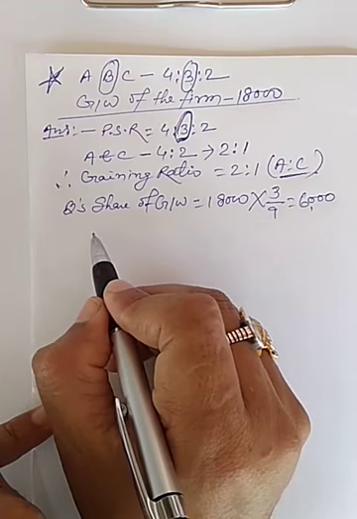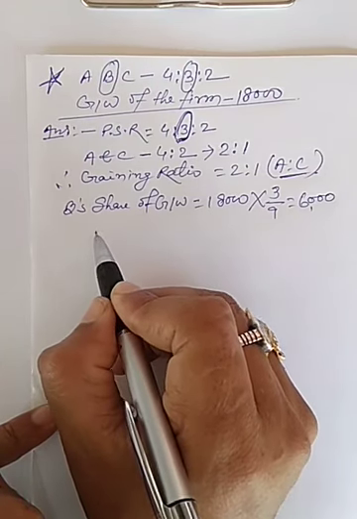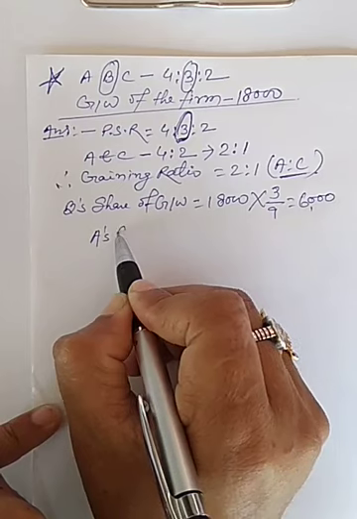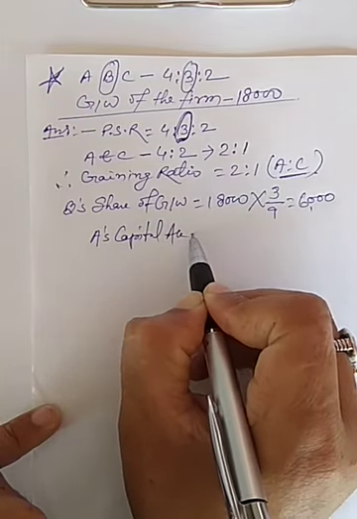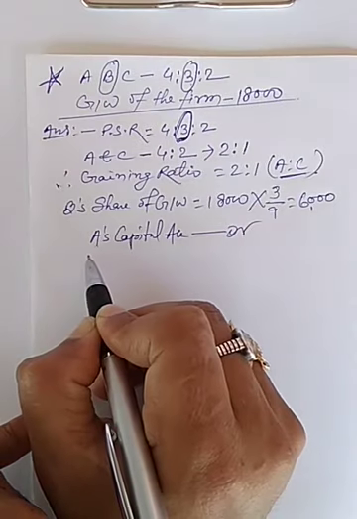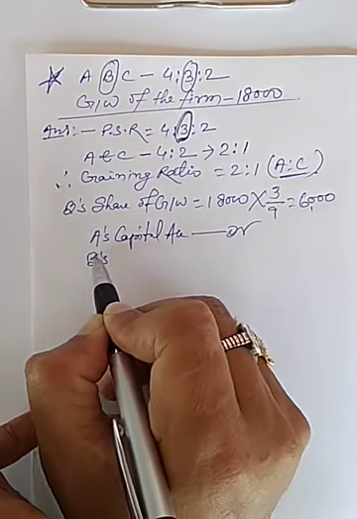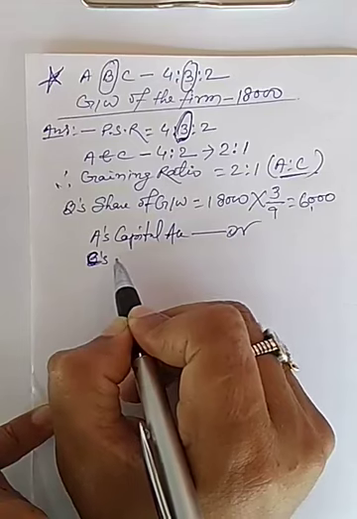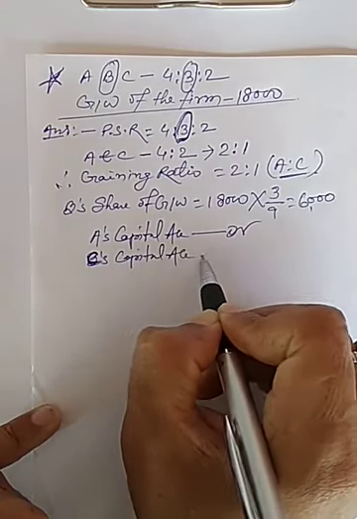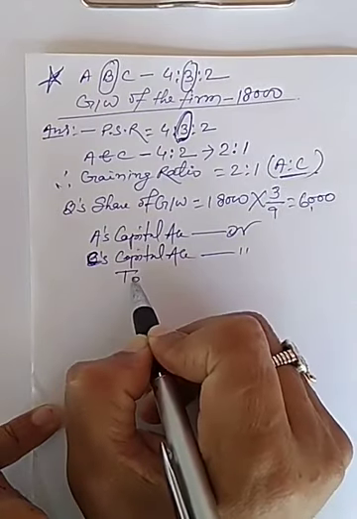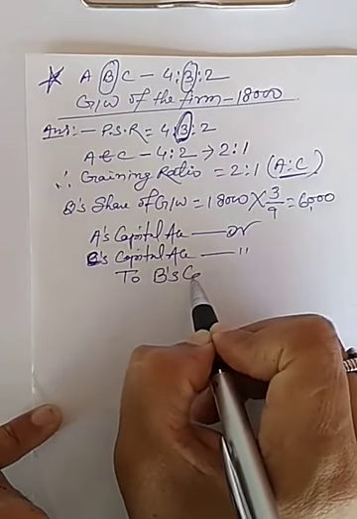So journal entry will be A's capital account, DR, C's capital account, DR, to B's capital account.